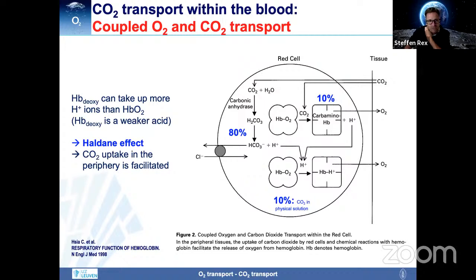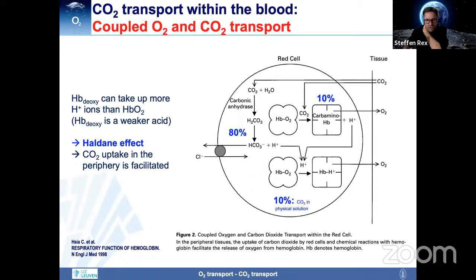That means that deoxygenated hemoglobin can take up much more protons than oxygenated hemoglobin. And that means that in the periphery where there is a lot of CO2, there's also a lot of deoxygenated hemoglobin because the hemoglobin molecule has already released the oxygen.